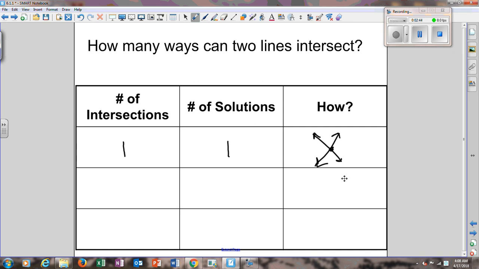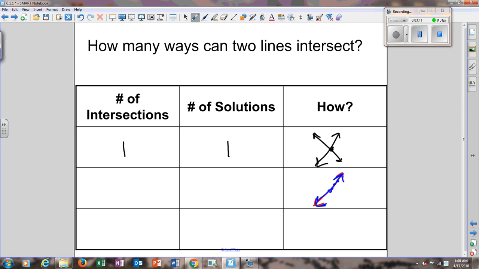Another way that the lines could be, and I think it's easier to picture them first, and then you can tell how many solutions there are. I just drew two lines, a red and a blue one. And how many solutions would there be? Well, there's one here, and there's one here, and here.